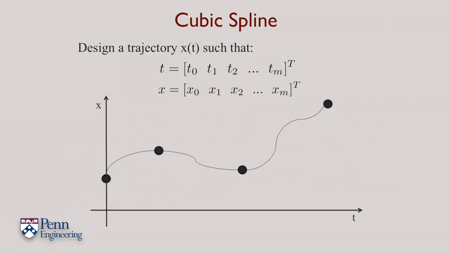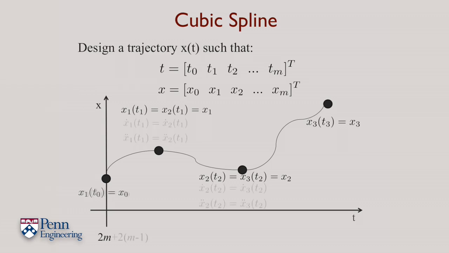Going back to our schematic, we're looking for a smooth curve. We know where these intermediate points are, and that gives us 2m boundary conditions. We further insist that the curve is smooth, more specifically differentiable up to 2 times at each of these intermediate points. That gives us an additional 2 times m-1 boundary conditions.